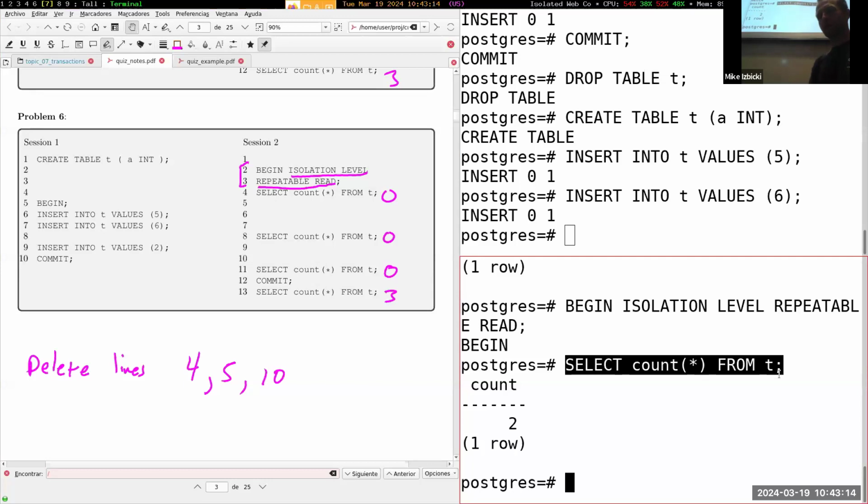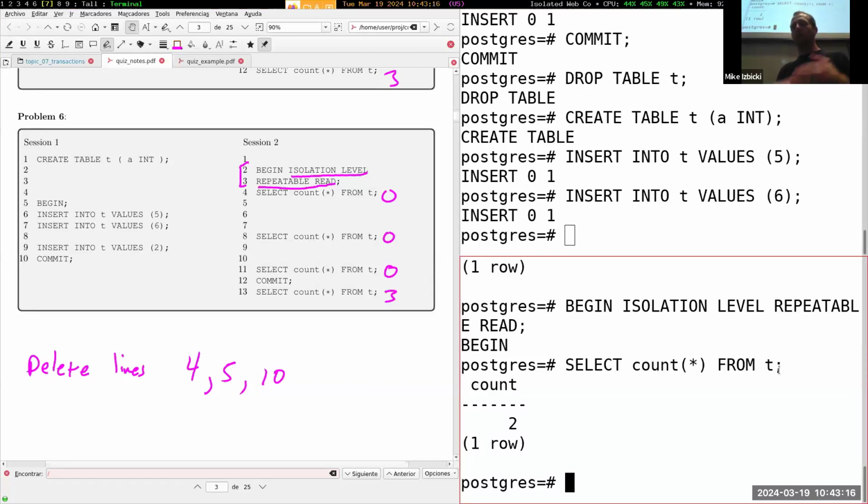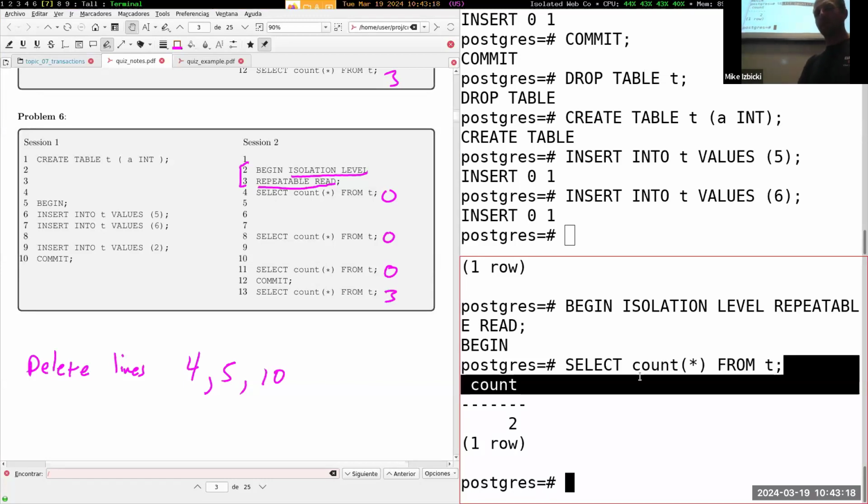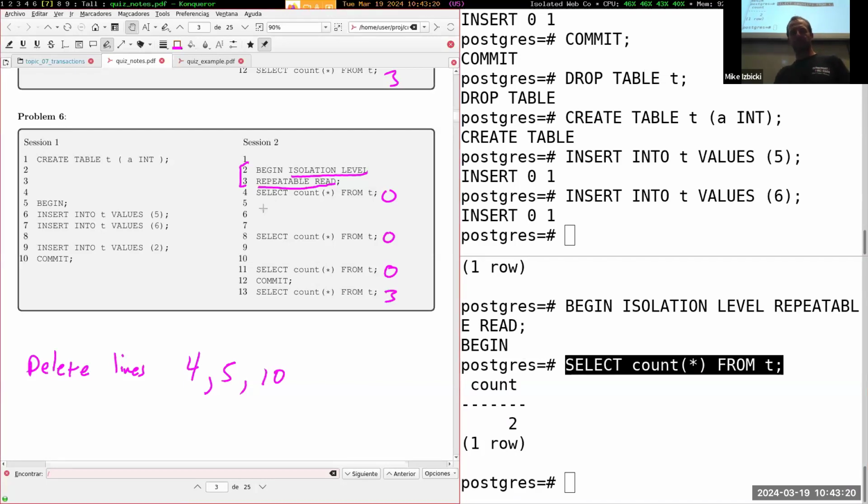So the very first time that I run this command, it's going to look at what is currently available inside the table at that moment. And so the first count star here has 2 rows available.